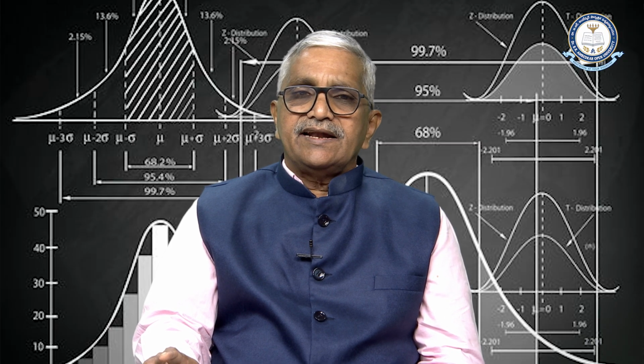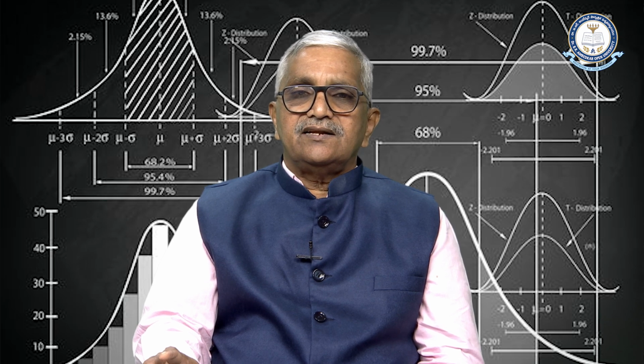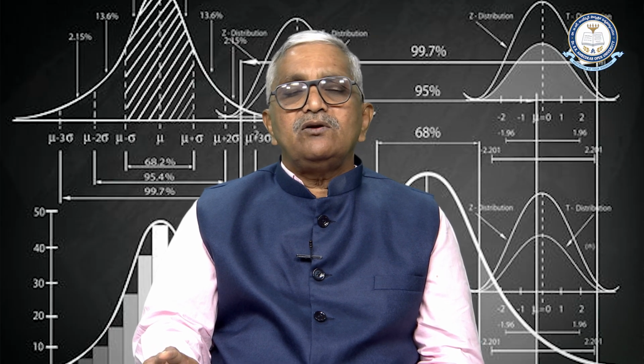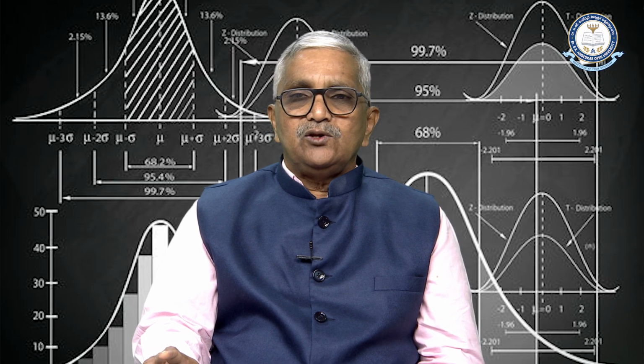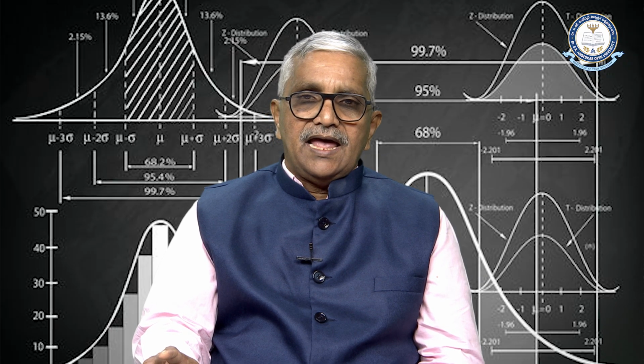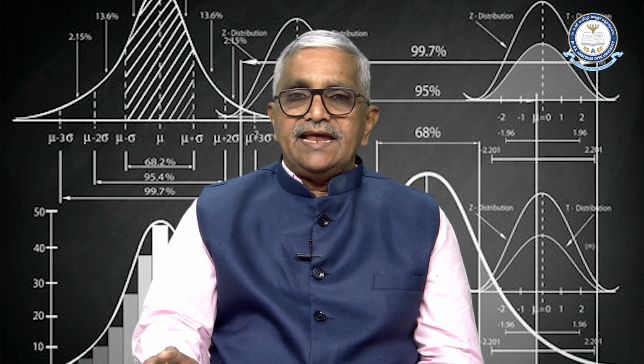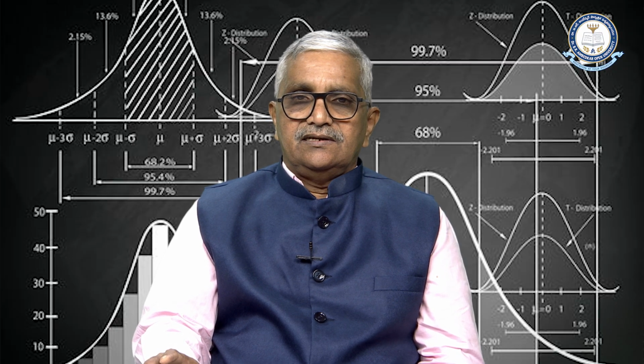First thing, as we have already discussed, it helps us in understanding the spread of the data points in the data set from the mean. Without this information, you might assume that all the data sets with the same average are the same. But variation helps us in understanding the differences in the data sets.